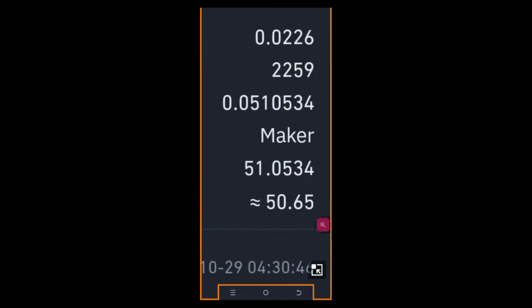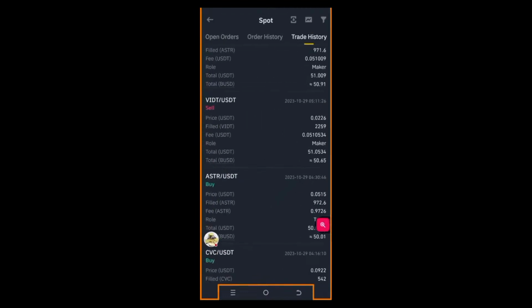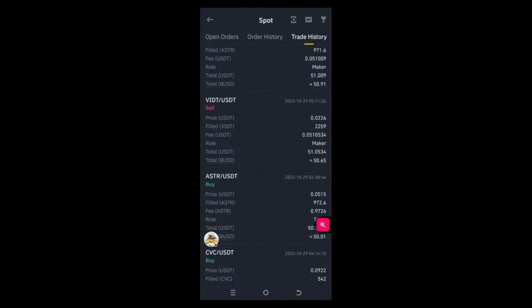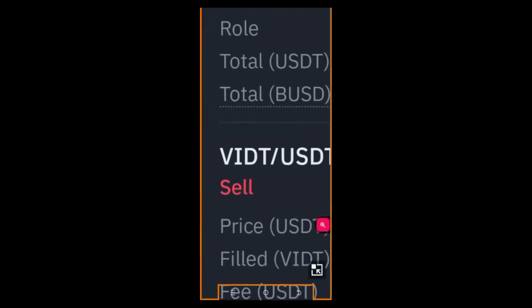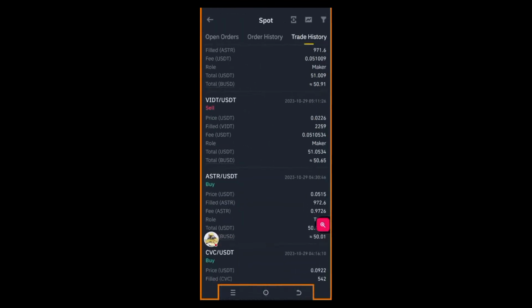That's glorious. Now removing the fees, that's about minus 5 cents, which means we made $1, which is beautiful. That's 2%. Our 2% target was met and crushed, and we executed beautifully. That's VIDT USDT. Beautiful.